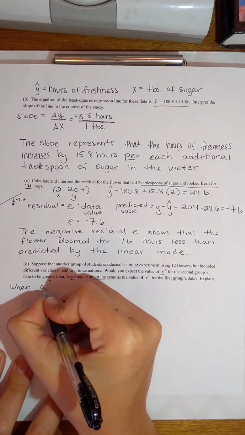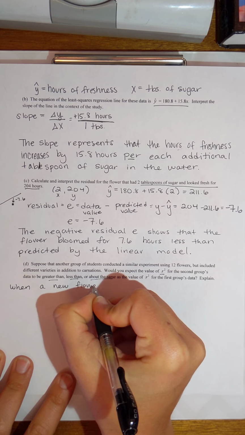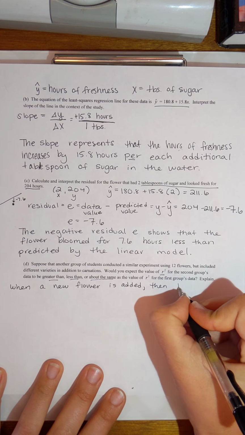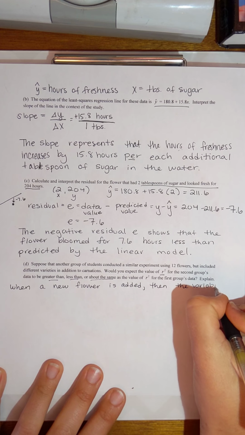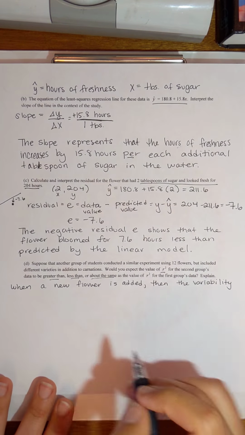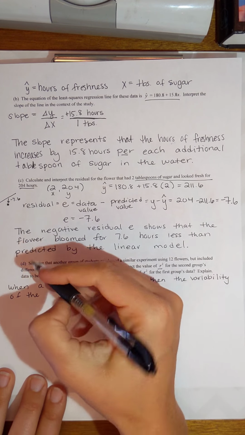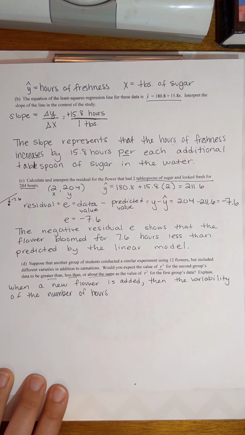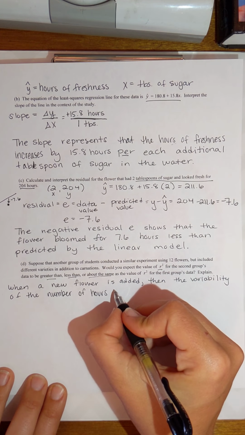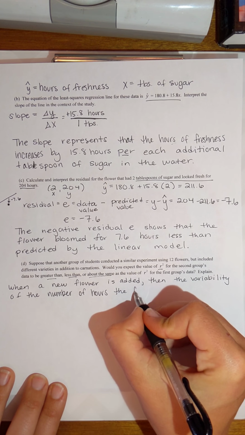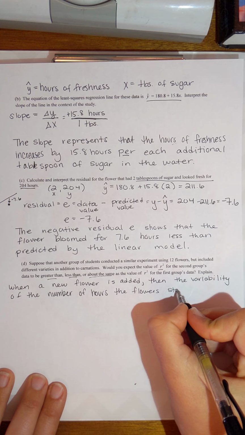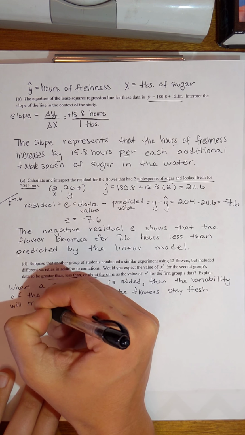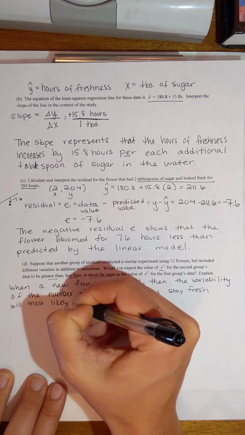When a new flower is added, then the variability, which is like the spread of the data, like all of the dots, of the number of hours flowers stay fresh will most likely increase.